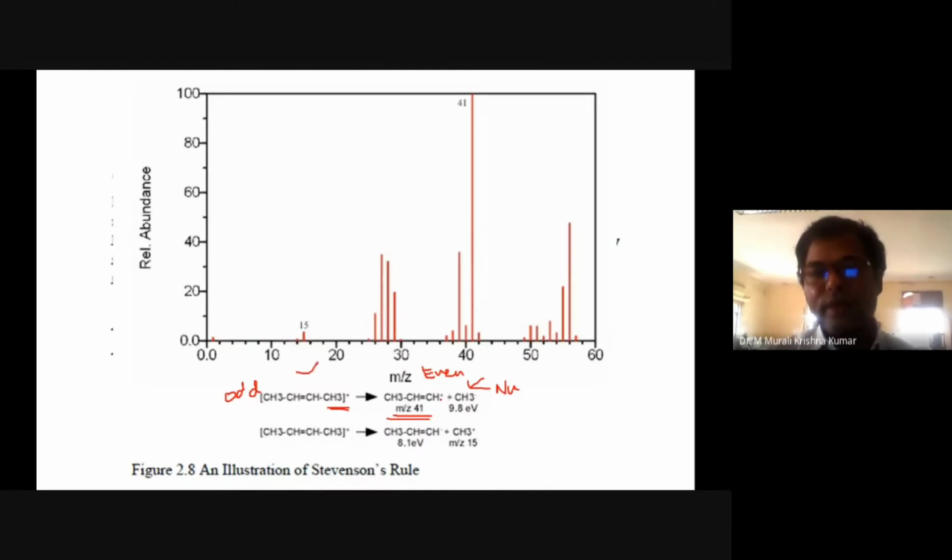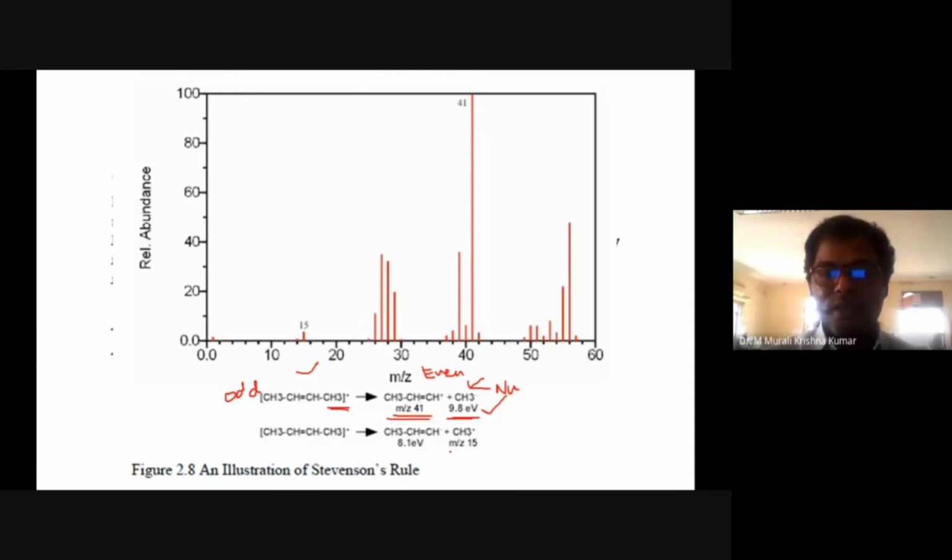So to retain the positive charge, a species needs to have more ease with which it can form the ion. That is reflected in ionization energy. Here it is 9.8 electron volts to form this ion fragment.